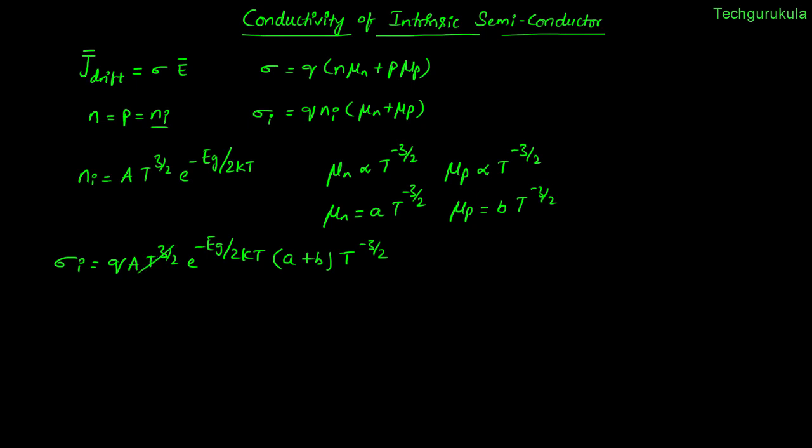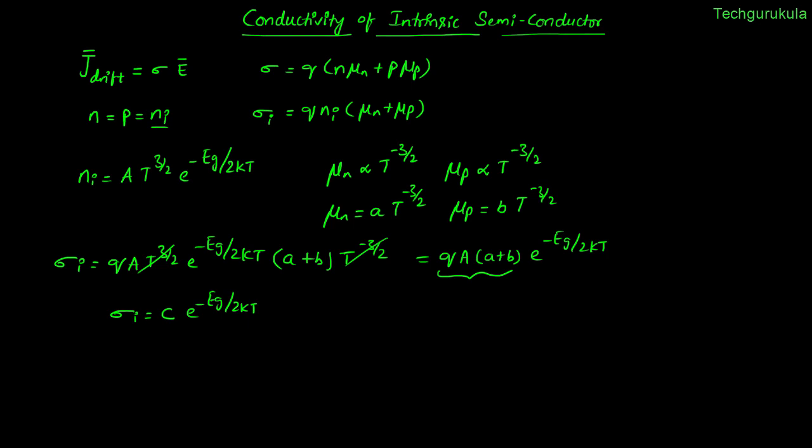Now T power 3 by 2 and T power minus 3 by 2 get cancelled. Now we have all constants, where sigma i is q times (a plus b) times e power minus Eg over 2kT. So all these constants, let me take it to be some constant, say C, times e power minus Eg over 2kT.